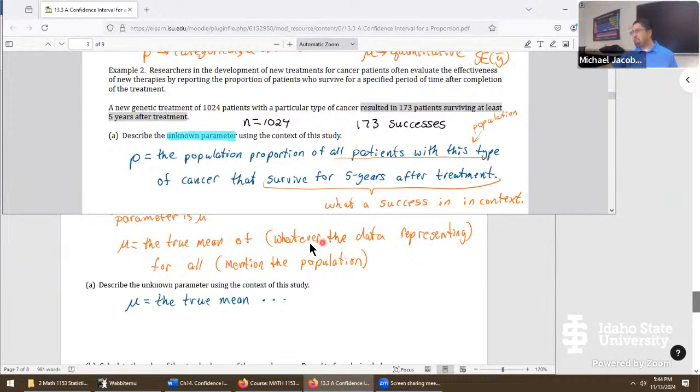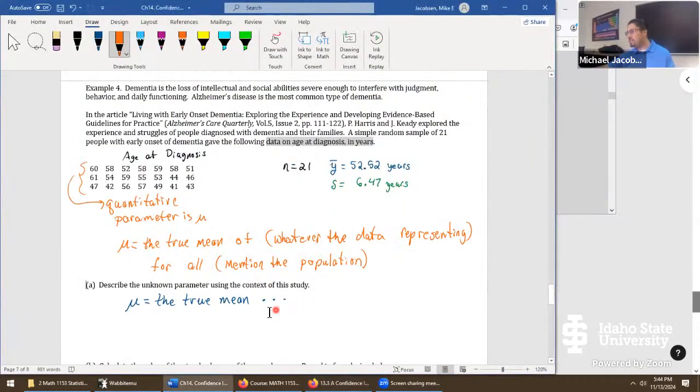In our problem down here, when we're saying the true mean of something, that's kind of like saying what the success is. We just have to mention what is the data of actually? What are we taking the mean of really? Anyone see what should go here so far? Yeah. Exactly.